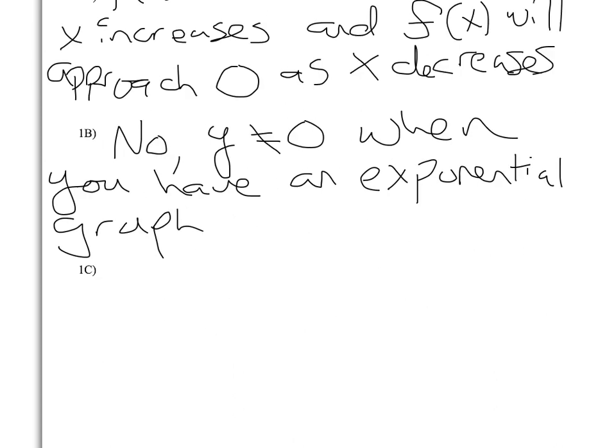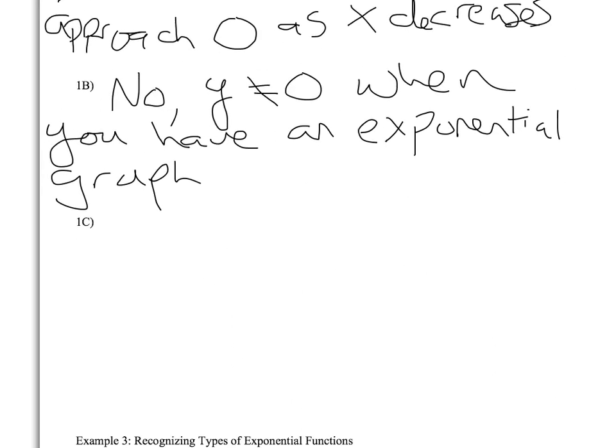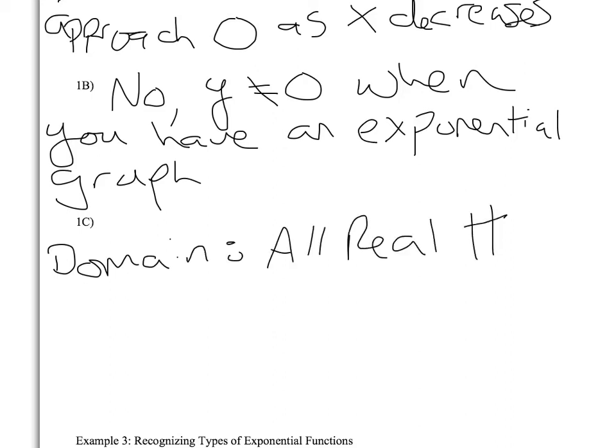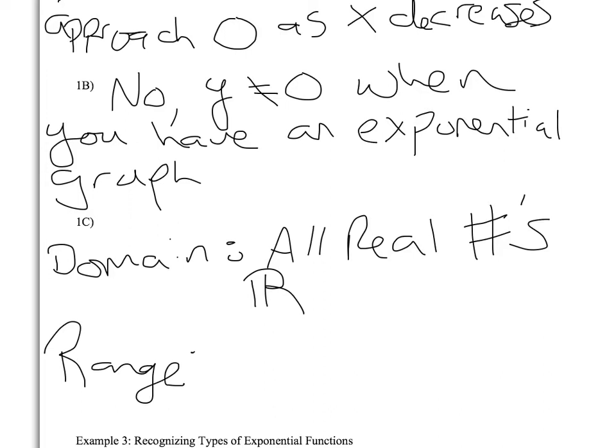So the way we say that is the domain is all real numbers. Remember, we can abbreviate it as R with a line through it. And the range is that y has to be greater than 0. It can't equal 0, and it's not going to be less than 0. Let's move on and see what else we have here.